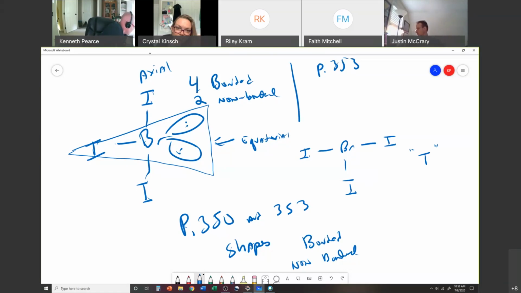We got 3 bonded, 2 non-bonded. You see that? If you're looking on page 353, you will see, sure enough, it says T-shaped. Now, it is helpful if you can memorize these, but you do have a table in front of you on page 350 and page 353, okay? All right, more on this in a second.